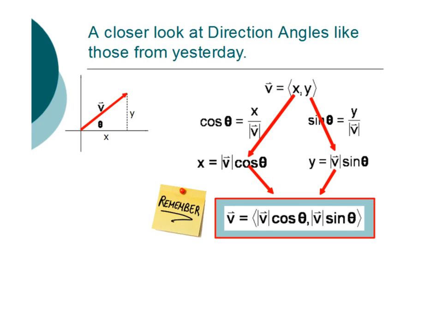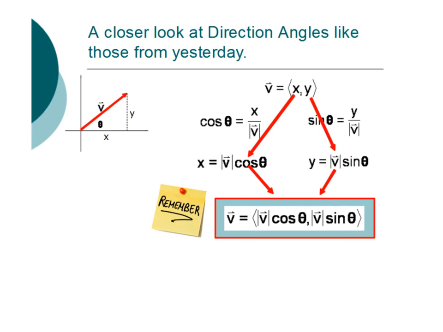Now, we're going to look at the direction angles like we had yesterday and the day before when we had geometric vectors. At the very end of 6.1.1, which was yesterday's lesson, I threw a problem at you like this, and we had to find this.